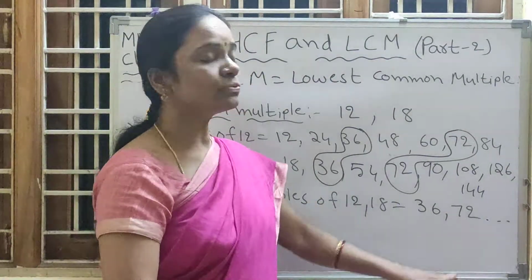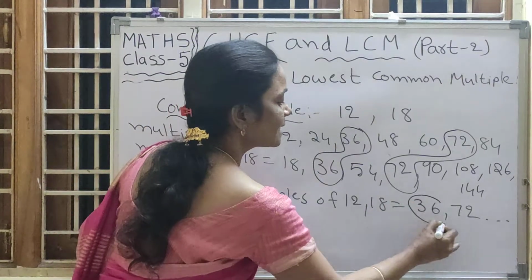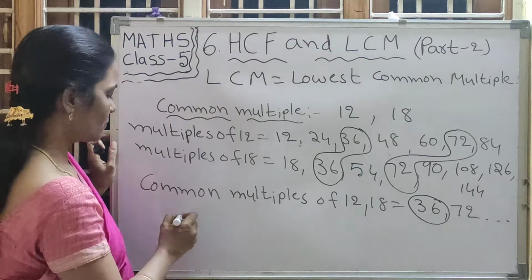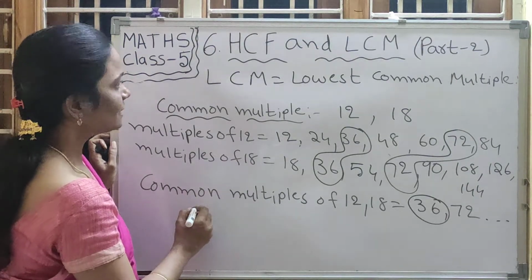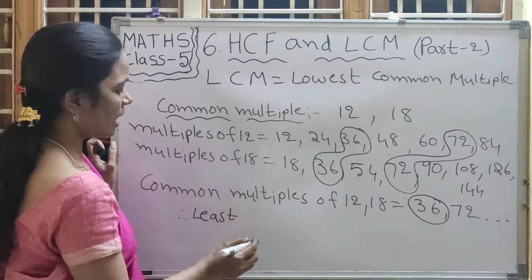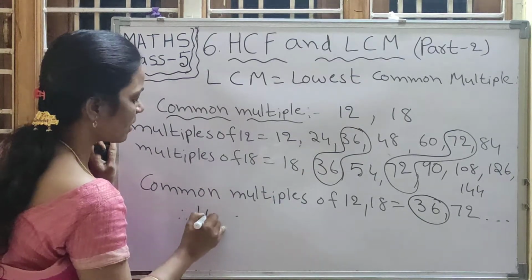Between these two, which is the least one? Least means smaller one. Yes, 36 is the least multiple. So therefore the least or lowest. Okay, least means lowest, smallest.